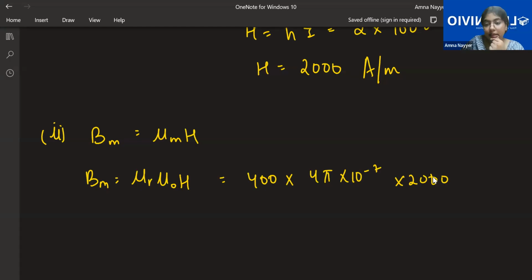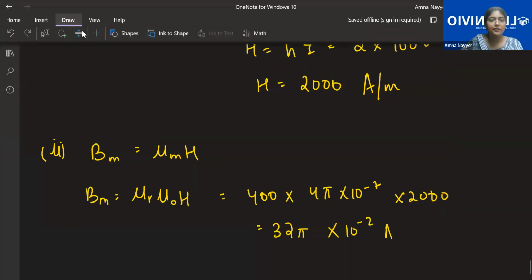This will be around 32 pi into 10 to the power minus 2, this much of Tesla will come.